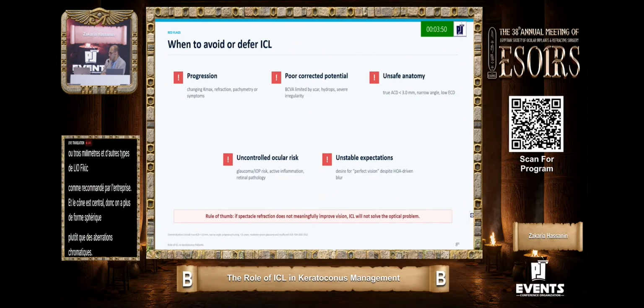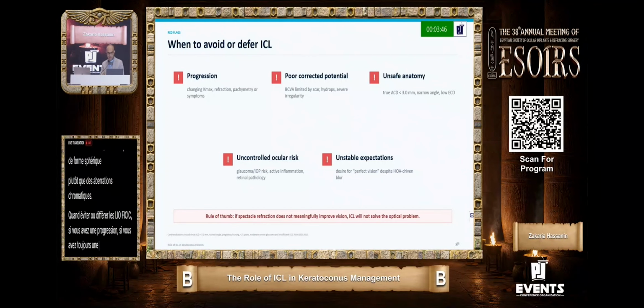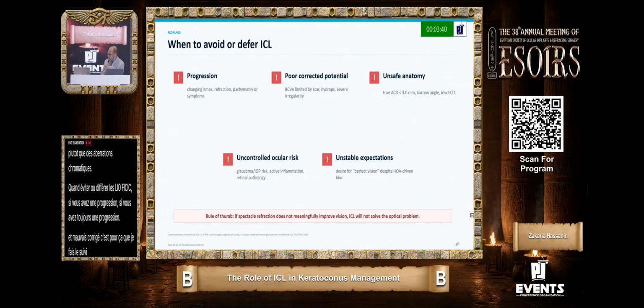When to avoid or defer phakic IOLs? If you still have progression. That's why I follow up the patient before taking the decision of doing phakic IOLs, not less than 6 months to 1 year even. If you have poor corrected potential, as I've just said, amblyopic eyes.